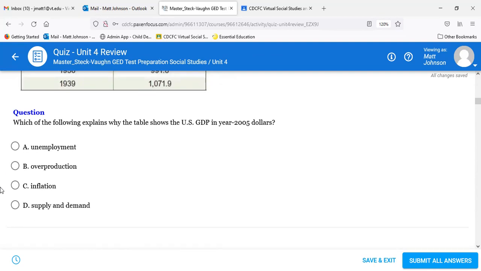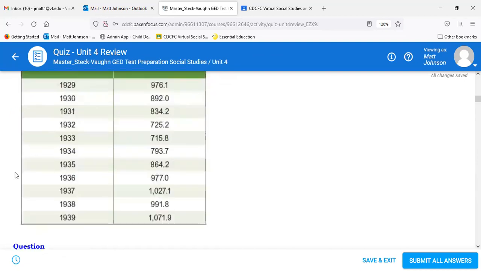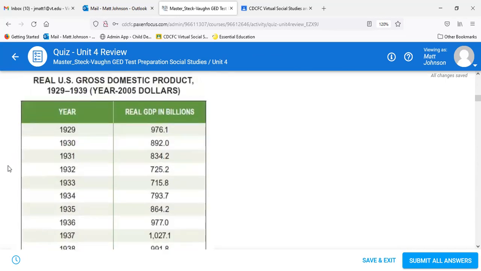It's C. So if you see something like $2005, the actual GDP would have looked a lot less, but we have to think in today's inflation. We want to recognize that this is basically what it would have looked like in today's dollars. That's what it's doing there. So it's accounting for inflation.